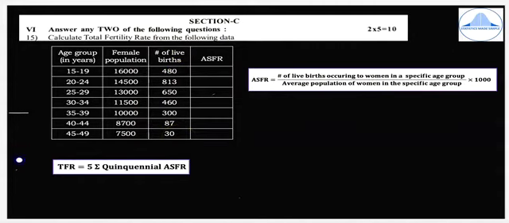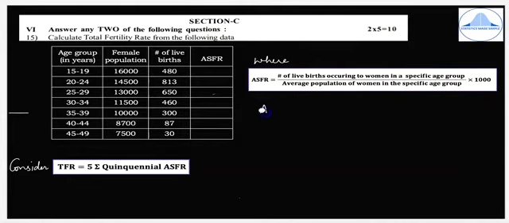Let us start with the formula for TFR, that is TFR is equal to 5 times summation quinquennial ASFR. This formula will carry 1 mark, and we also need to write the formula for ASFR, where ASFR is equal to number of live births occurring to women in a specific age group divided by average population of women in the specific age group into 1000.